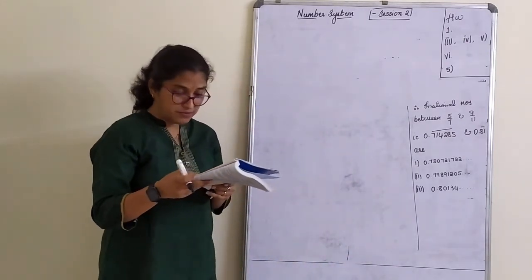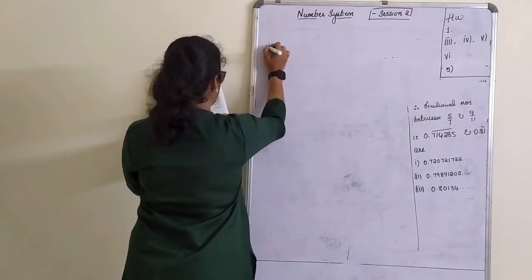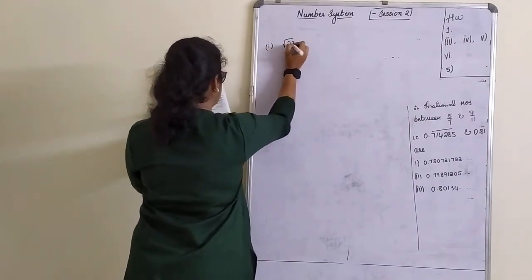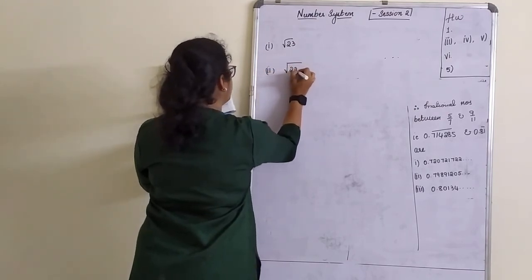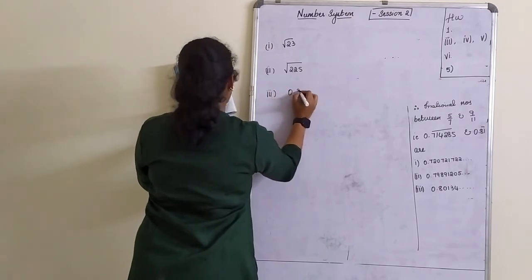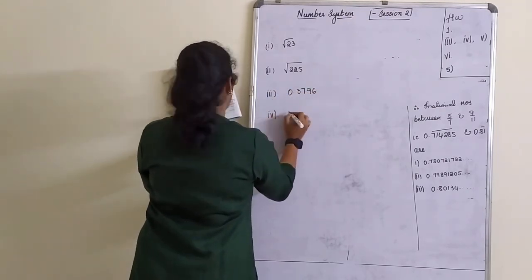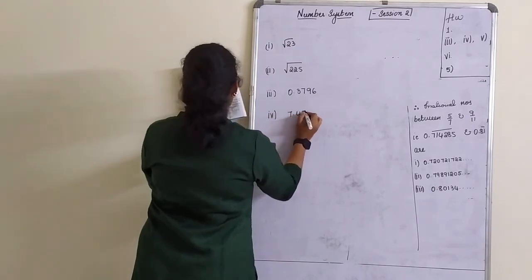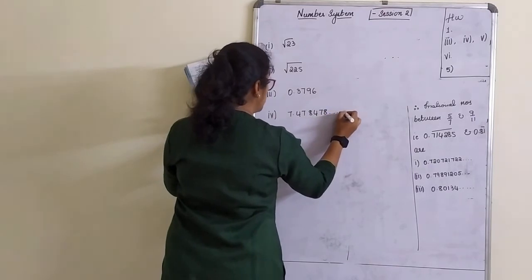Classify the following numbers as rational or irrational. First one is root 23, second one is root 225, third one is 0.3796, fourth one is 7.478478 dash dash dash.